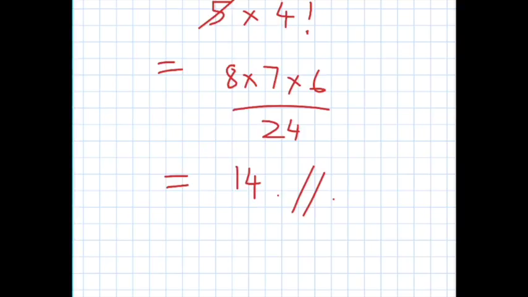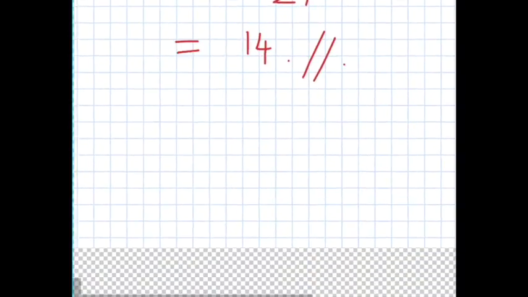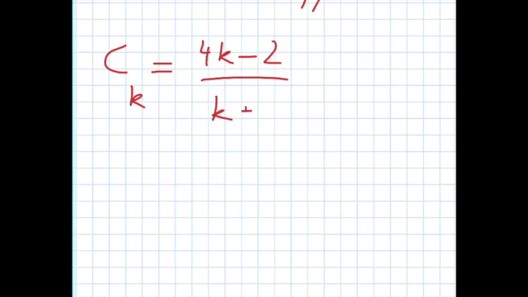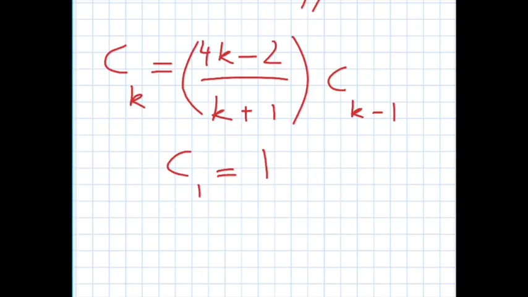Anyways, what we want to say now is that we have a recursive definition of Catalan numbers as well. The recursive definition goes like this: the kth Catalan number is equal to 4k minus 2 divided by k plus 1 times the previous Catalan number, given that the initial Catalan number is 1.